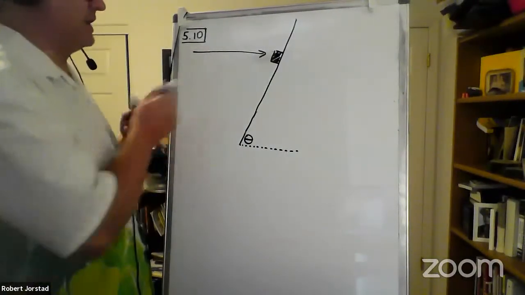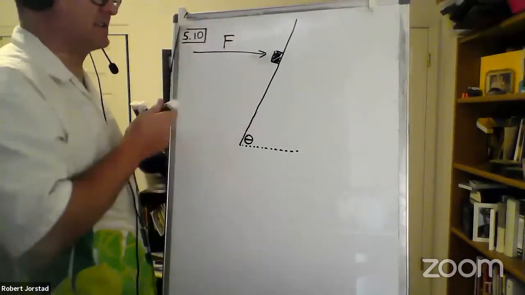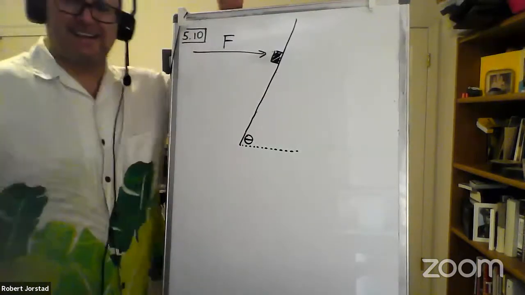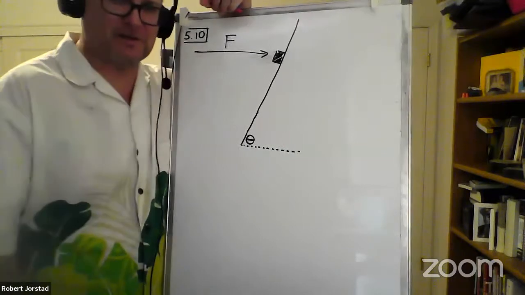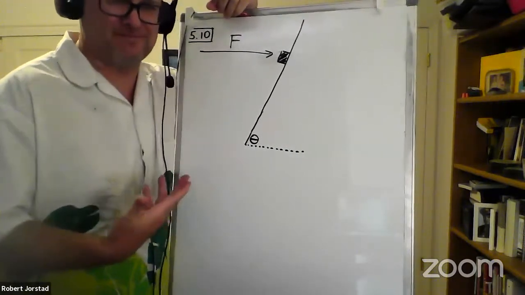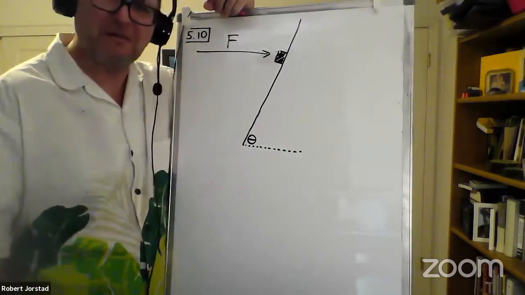So we're told that you apply some force horizontally to this thing. Can you think of any situation how this might occur in the real world? Could this ever happen?